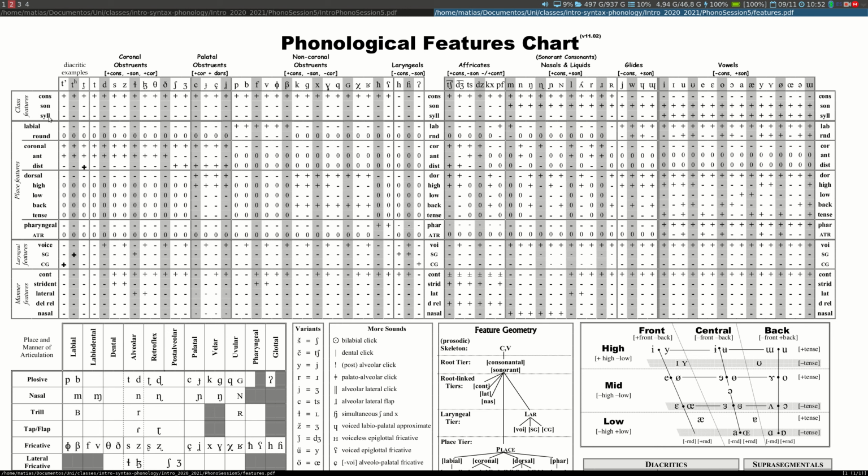However, we also need to distinguish between sounds in the consonantal group, for example, or in the vowel group, right? We want to be able to distinguish between all sounds, and that's why we have many more features. Here's, for example, labial, and labial features capture the behavior of p, b, f, and v.